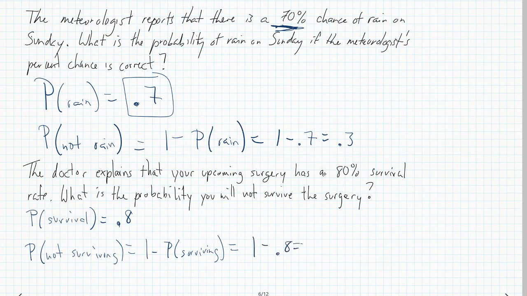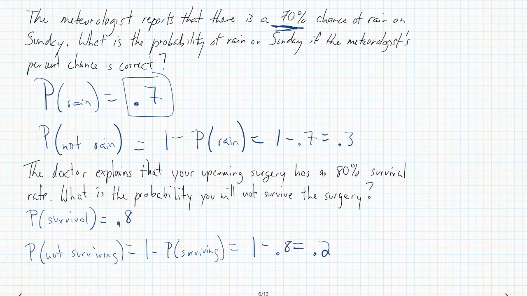So notice that makes 0.2 or a 20% chance of you not surviving. That means 1 out of every 5 times you're going to have someone pass away from that surgery. That might be a surgery we'd want to avoid in most cases if it's an elective surgery of some kind.